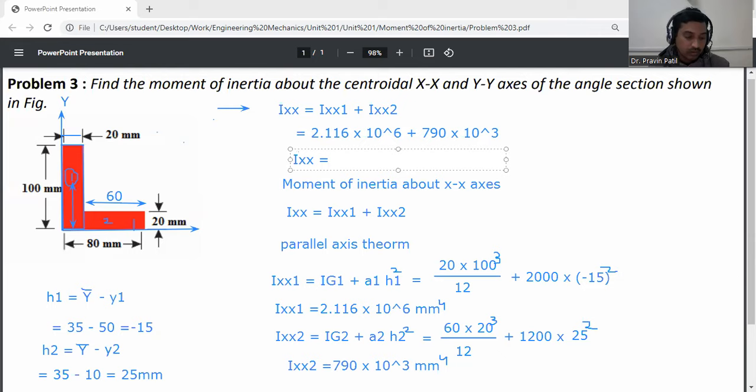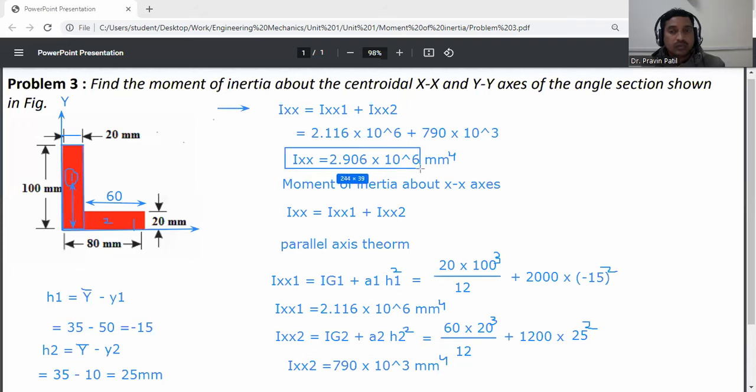So we get 2.906 into 10 raised to the power 6 mm raised to 4. This is the total moment of inertia.